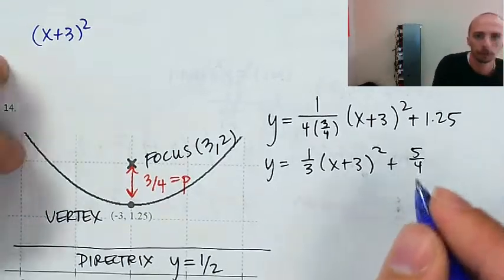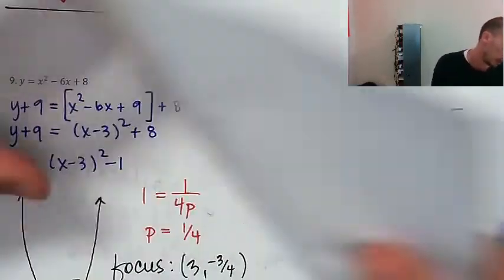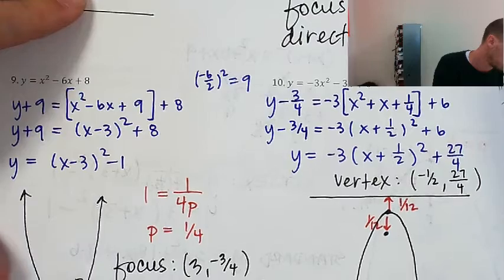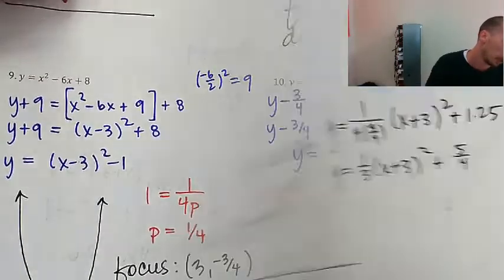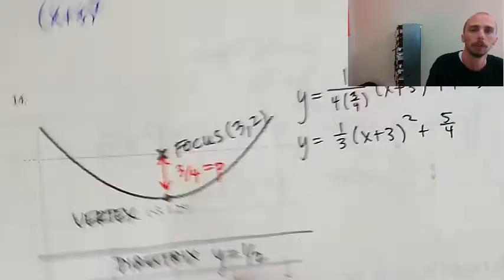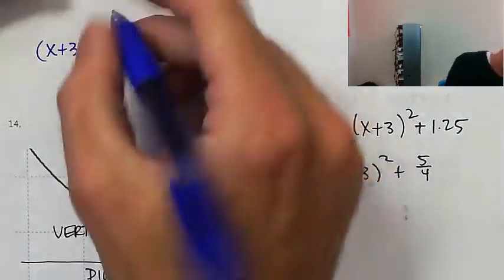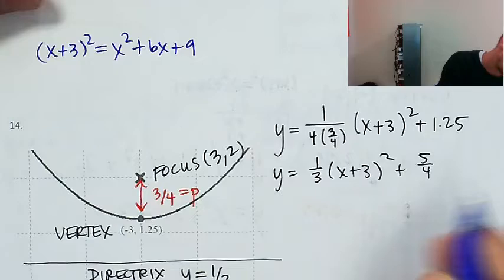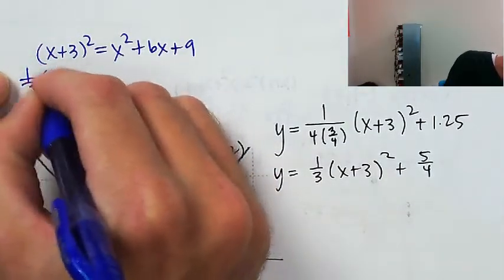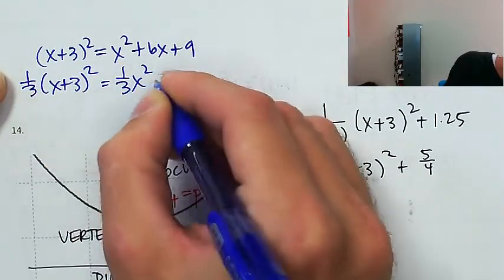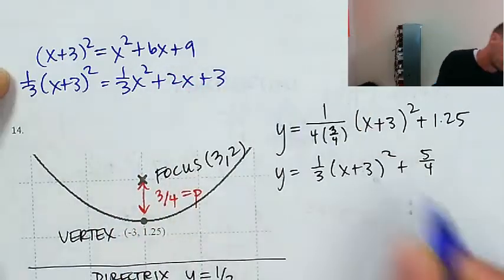If you're not sure why, go look at number 6, and you'll see why this is x squared plus 6x plus 9. So 1/3 of x plus 3 squared is 1/3 of x squared plus 6x plus 9.